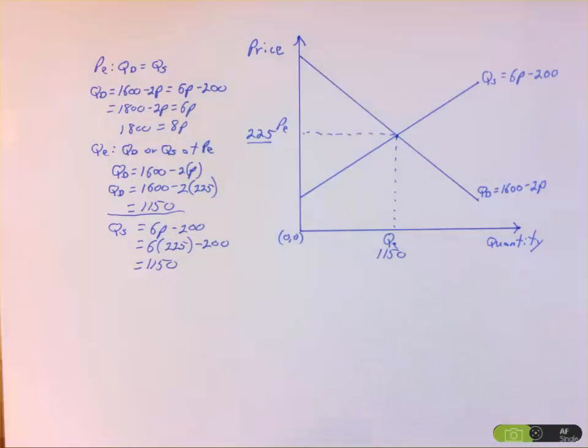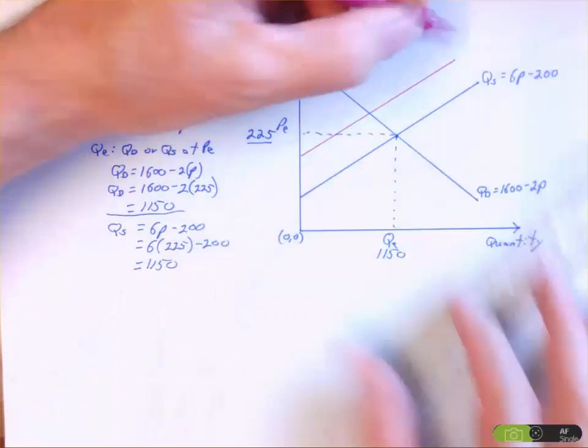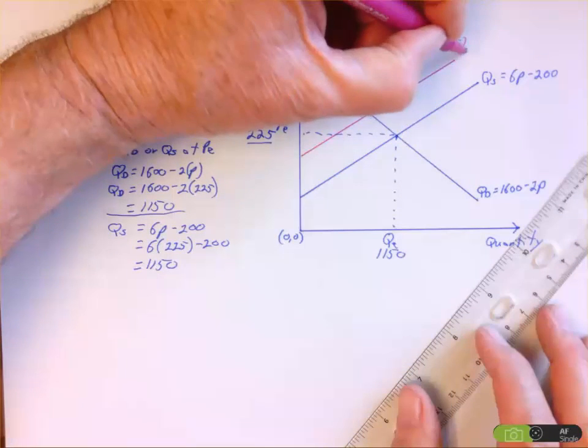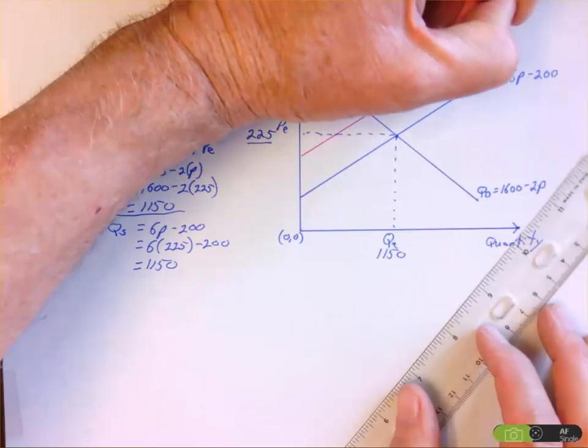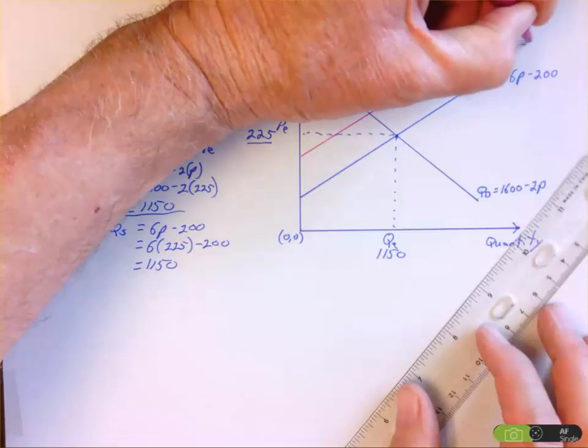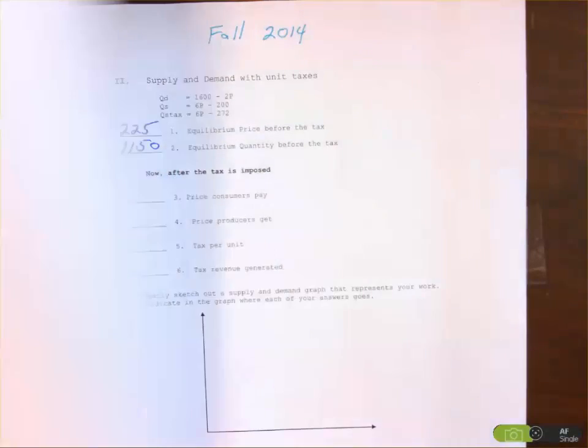So that's the kind of standard thing that you see on all the algebra problems. The next thing to do is to realize that when we put this tax on here, it's going to shift the supply curve back to the left, something like this. This is the supply curve after the tax, and it's given on the test to be 6p minus 272.